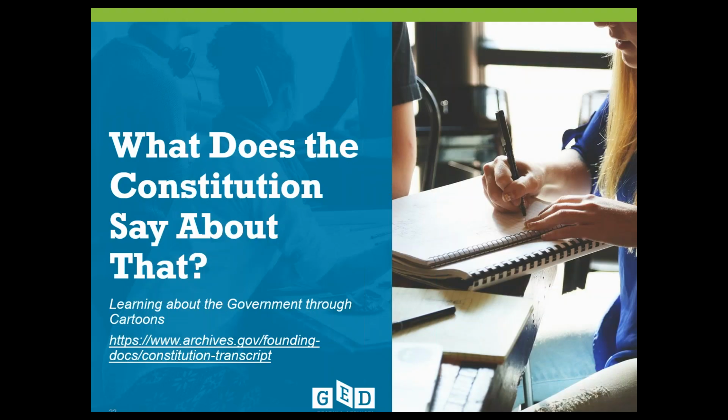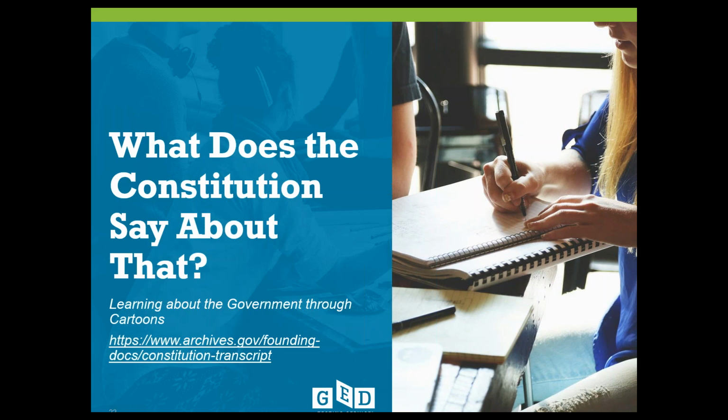And you can create timelines for lots of different things. So, as we were talking a little bit earlier, civics and government is 50% of the test. I mean, that's where the focus is. So why don't we use cartoons in order to address some of those issues?